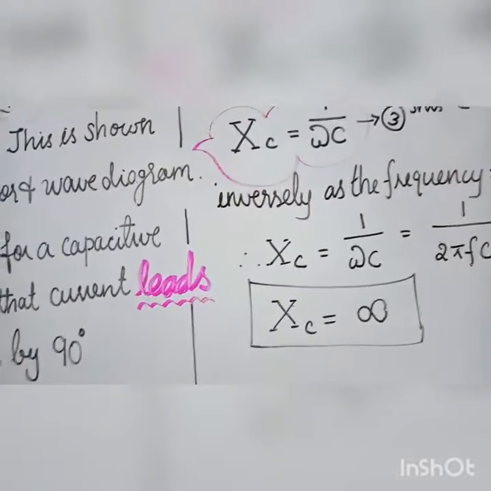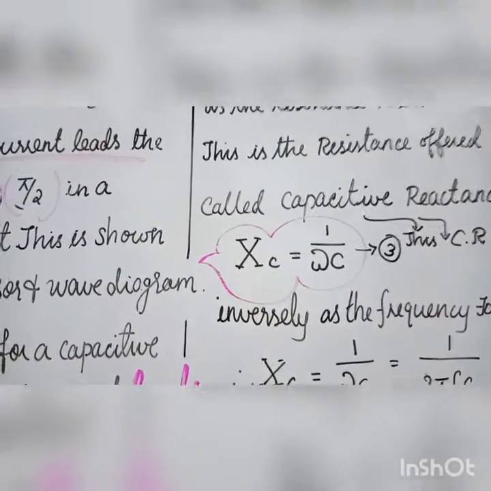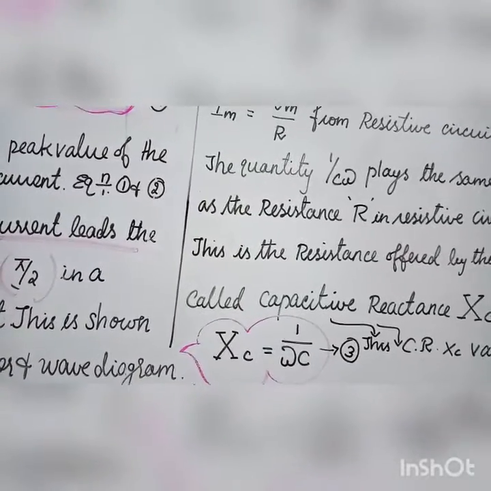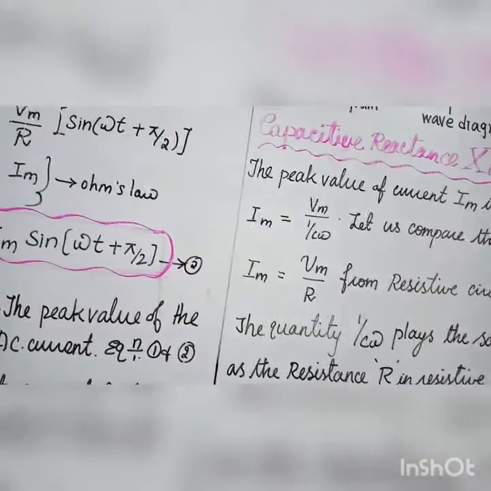So the capacitive reactance XC is infinity. This capacitive circuit offers infinite resistance to the steady current, so steady current cannot flow through the capacitor.